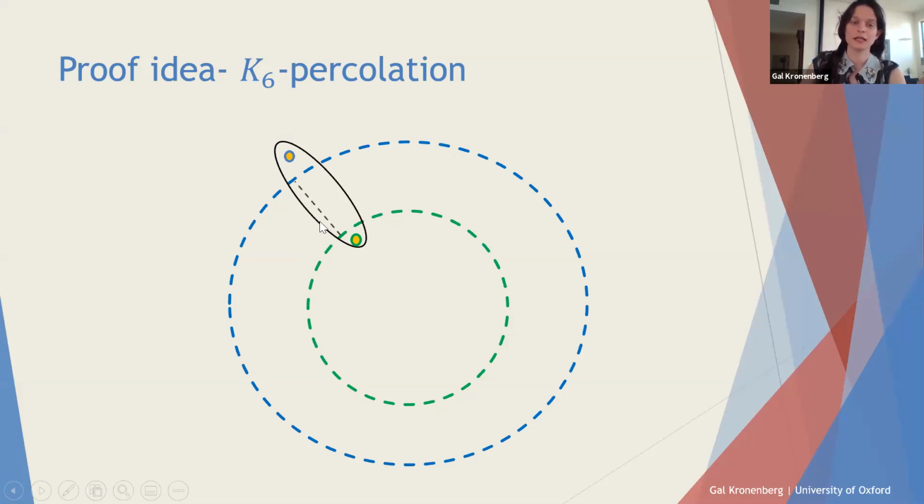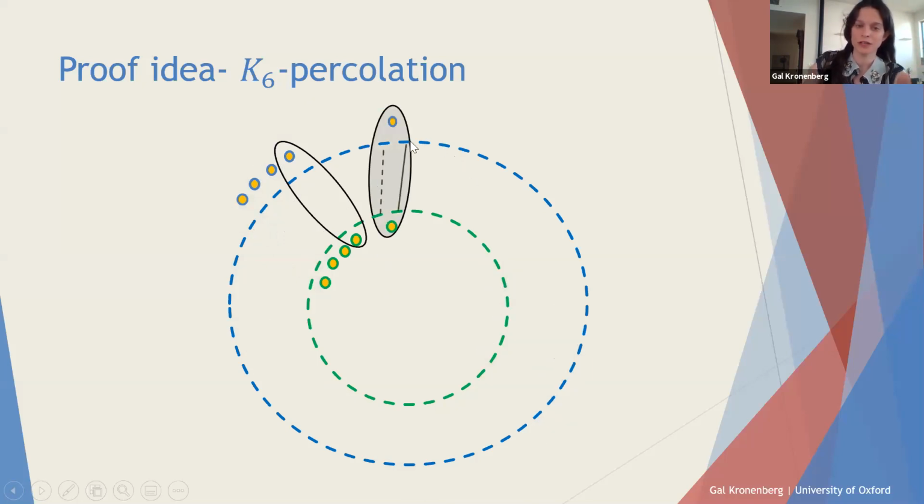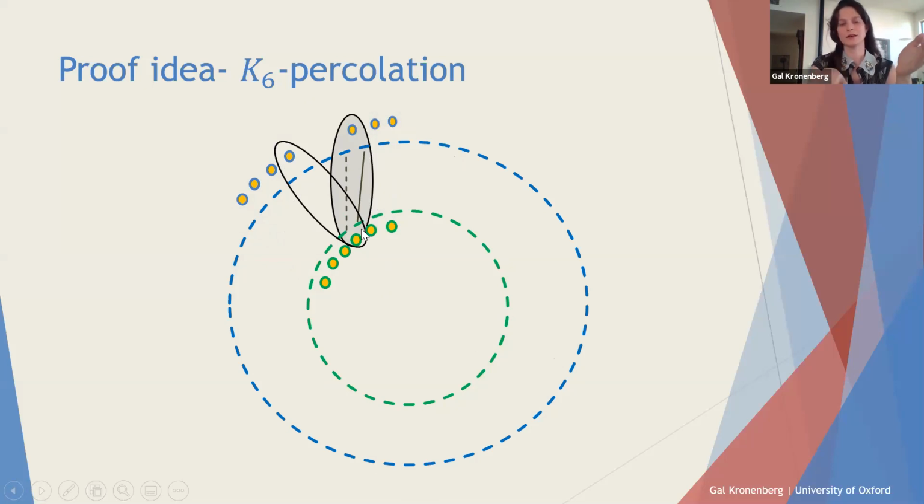So I can infect this edge, and now this will be the only missing edge. So I can infect this one, and I continue this way until I come back to the starting point. So this one got infected, so now I can infect this one, and I got back to the starting point. But what happens is that in the inner cycle, I go much faster than on the outer cycle.